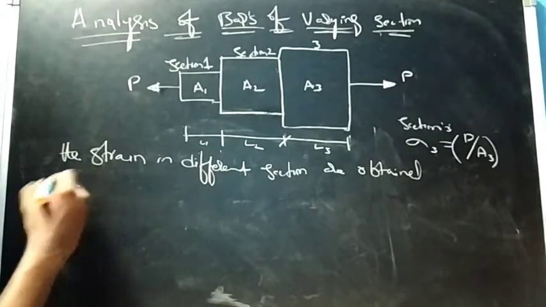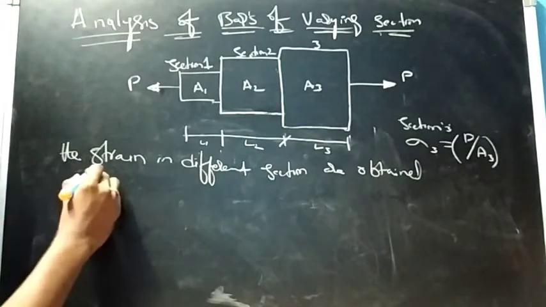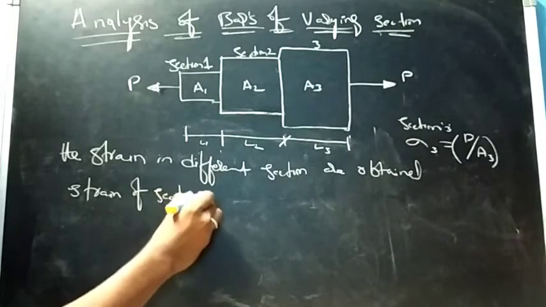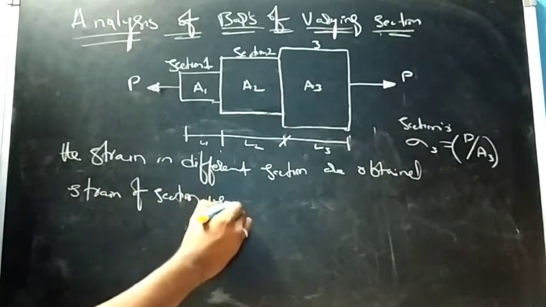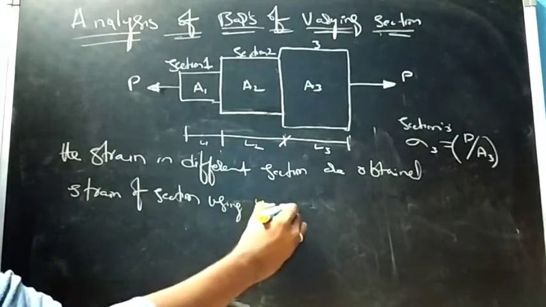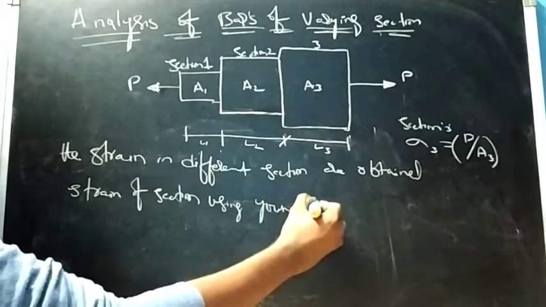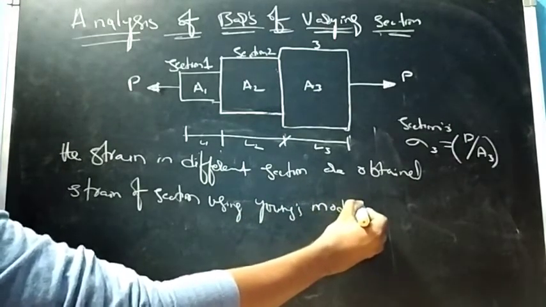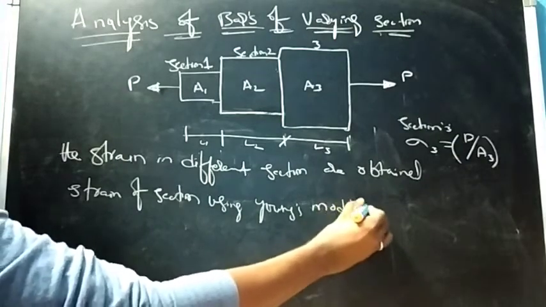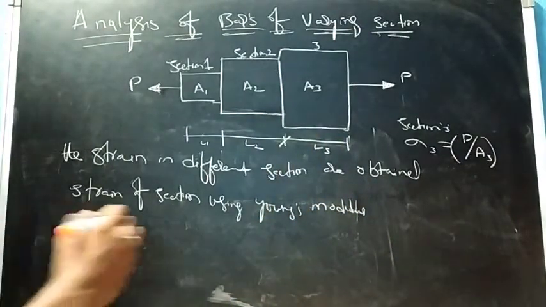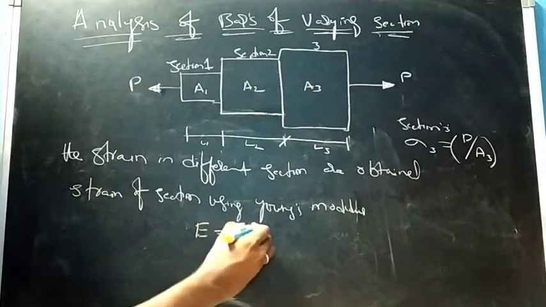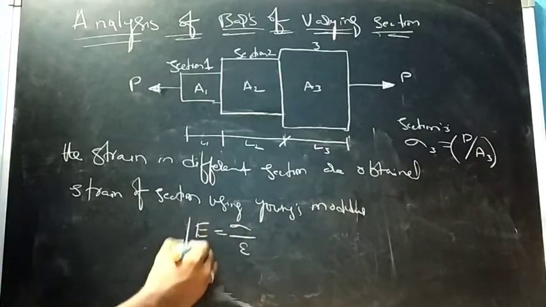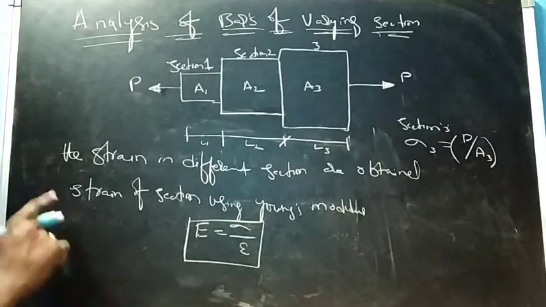So we are using Young's modulus to find out the strain, using Young's modulus, also known as modulus of elasticity, right? That will be E equals stress upon strain, that is sigma upon epsilon, right? From this we can find out strain.